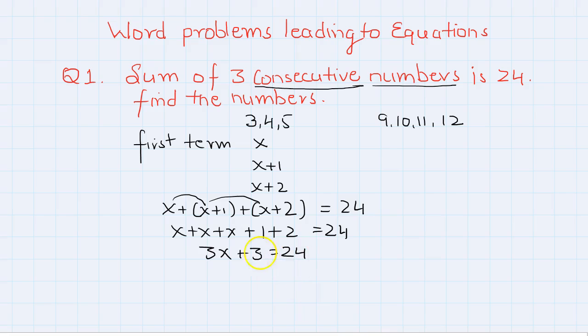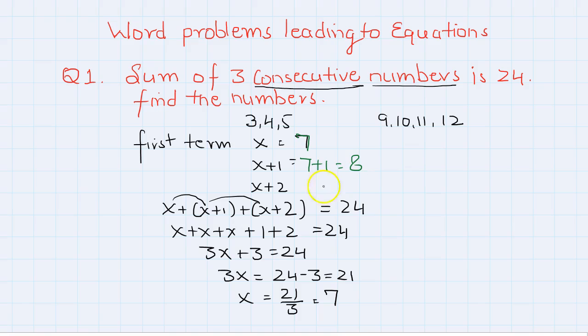We take 3 to the right side, so 3x will be 24 minus 3, that is 21. So x will be 21 over 3, that will be 7. So x will be 7, and x plus 1 will be 7 plus 1, that is 8, and x plus 2 will be 7 plus 2, so that is 9.